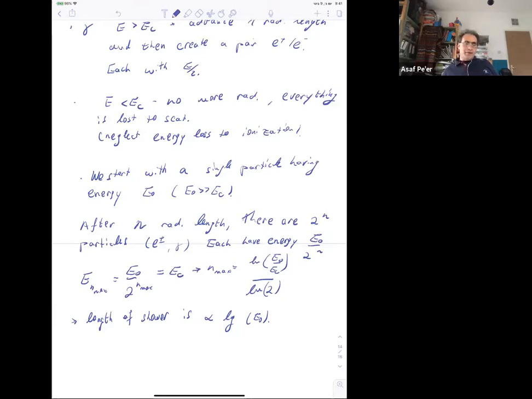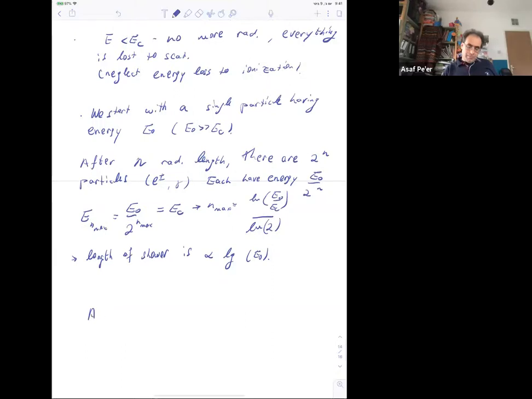So basically, you're using the atmosphere. The biggest one is the TA, the Telescope Array, and the PAO, or the Auger detector, which is worth looking at.